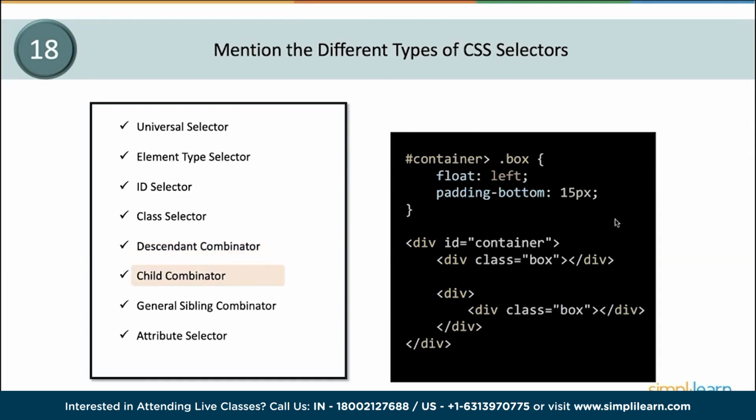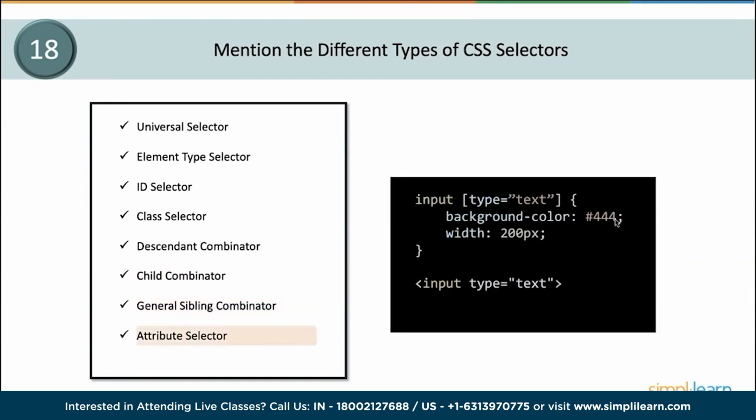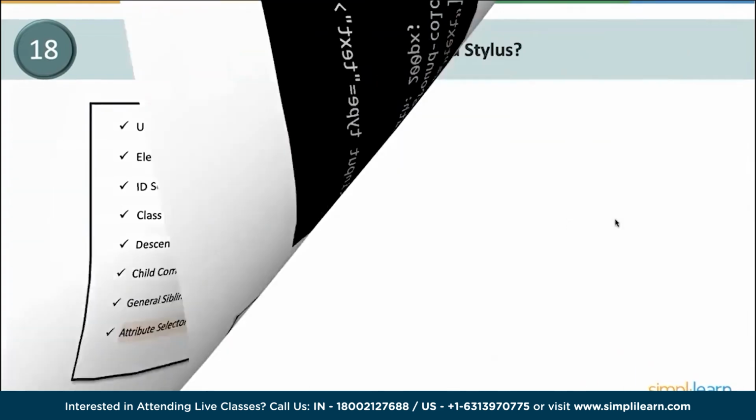In this case you select all those which are the direct child of this container, using the greater than symbol, like container > .box, selecting all those having the child named box. Then a general sibling selector with the tilde sign. And finally, an attribute selector, where you have a proper attribute available. So these are known as the general CSS selectors.